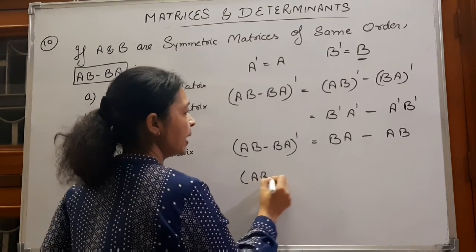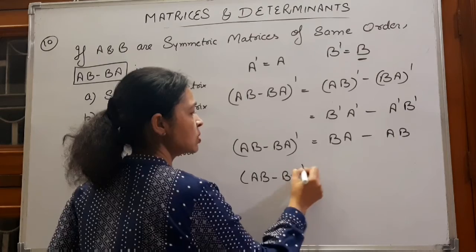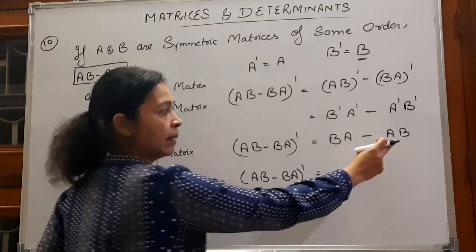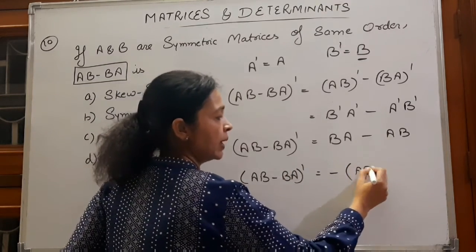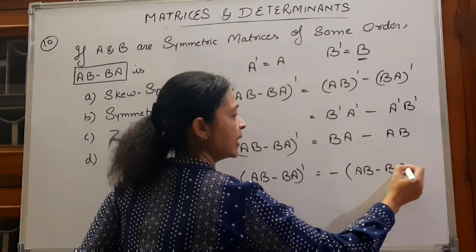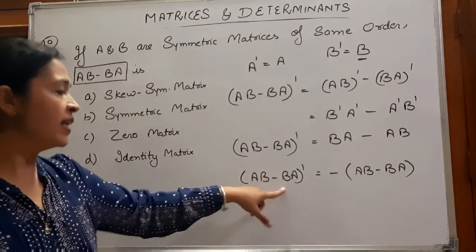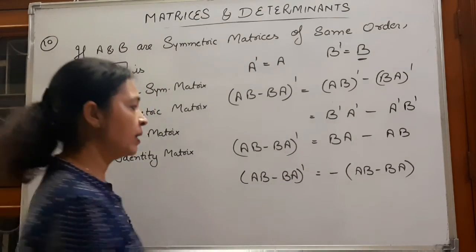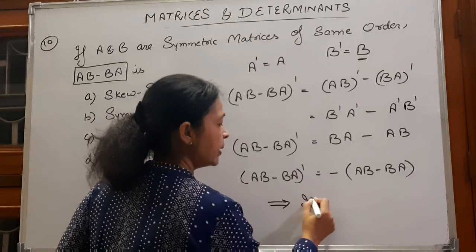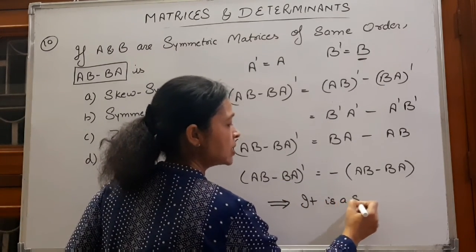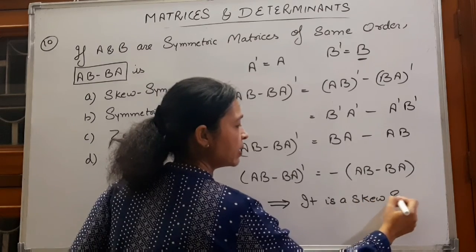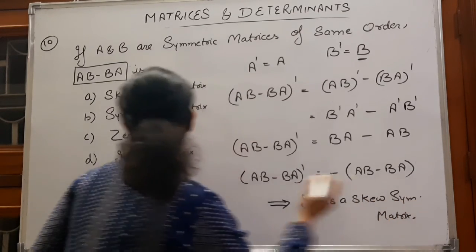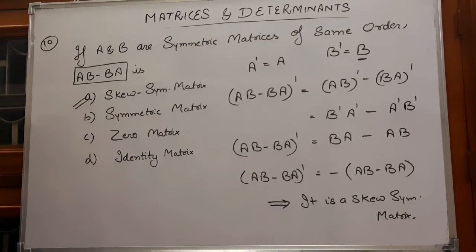Now, AB minus BA transpose equals to, if we take minus sign outside, AB will become positive and BA will become negative. Now, AB minus BA transpose is minus of AB minus BA. This shows it is a skew symmetric matrix. So, option A is our correct option.